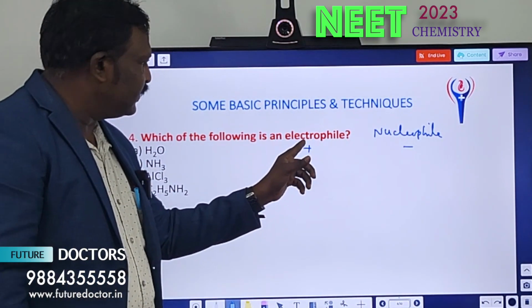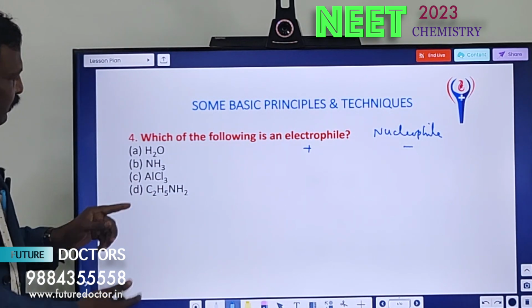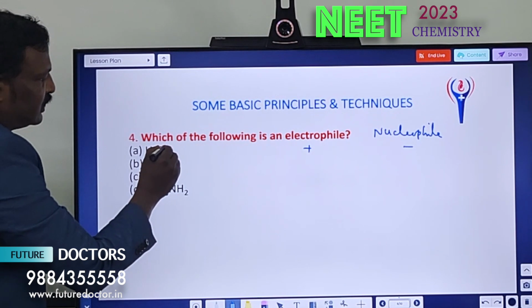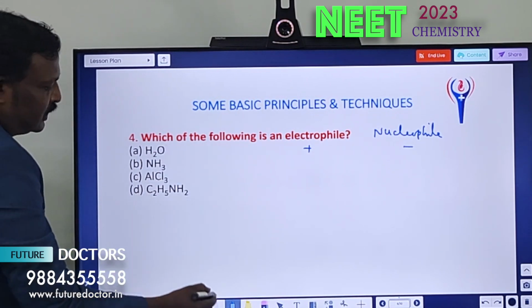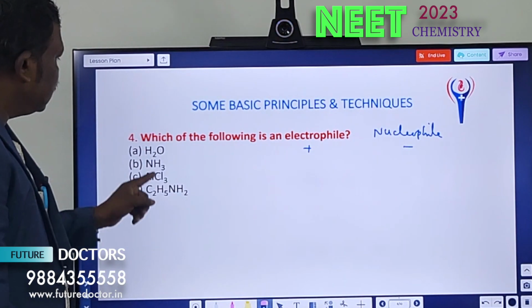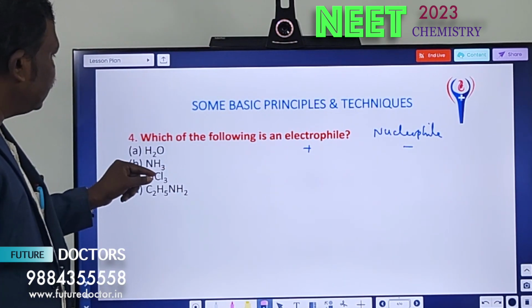For nucleophiles, if we draw the water structure, we have lone pairs of electrons. In water we have lone pairs of electrons.